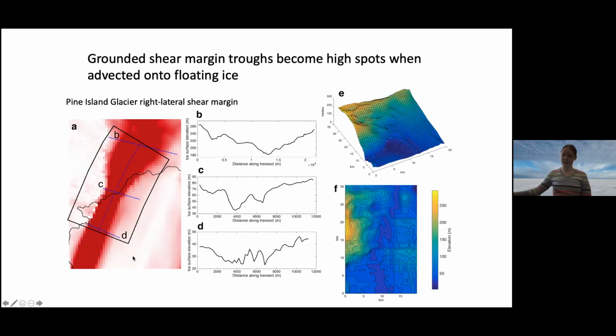So again, this is floating ice, and there's our shear margin. So this is slow flowing ice outside the ice stream. And you can see that big dip happens above the grounding line, it happens at the grounding line, it happens below the grounding line. And we went and looked at ice shelves all over Antarctica, and where you have that big ditch above the grounding line, it tends to persist across the grounding line.